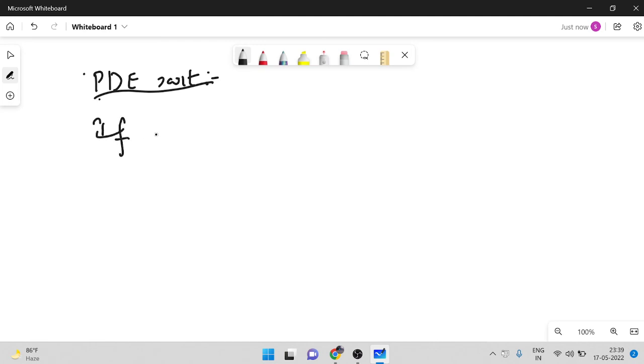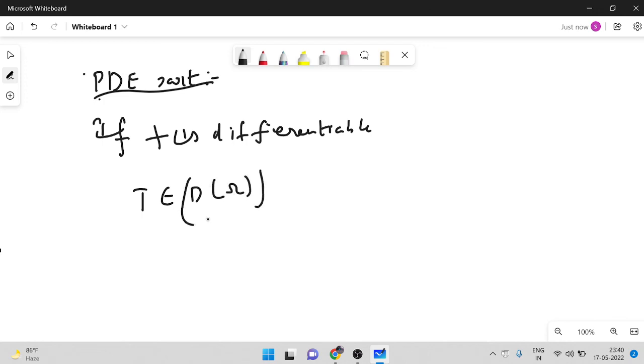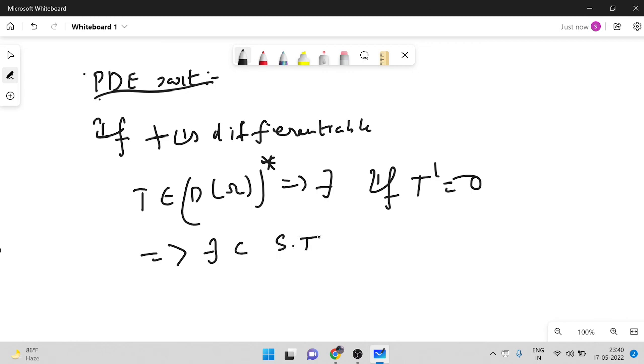If f is a differentiable function, and T belongs to the distributions, the dual space of D of omega, and T dash is equal to 0, this implies there exists a constant c such that T of phi is equal to c times the integral of phi d mu, where mu is the measure.